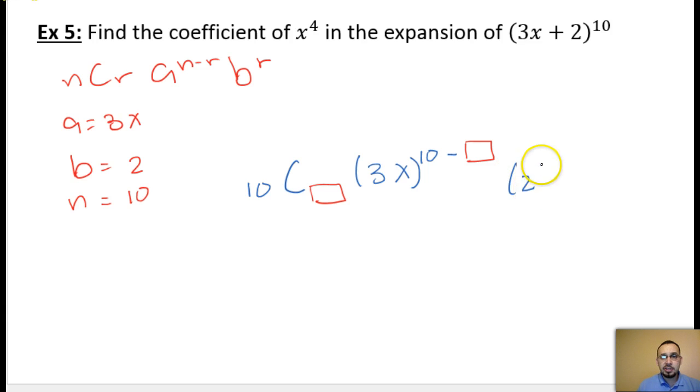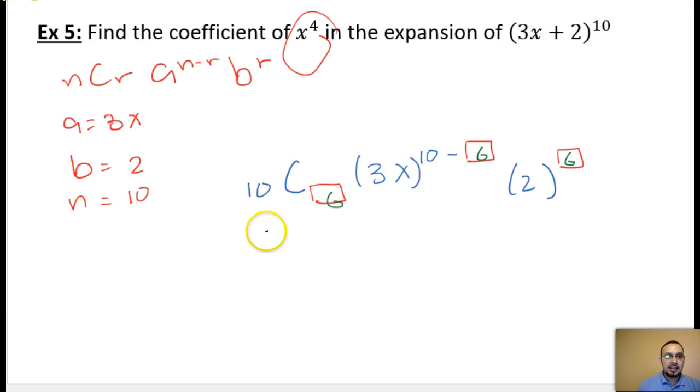And my b is going to be 2, and my r value is blank. Well, if I leave it as is, I have 3x to the 10th power. I'm looking for x to the 4th. So what do I have to subtract from 10 to get a 4? Well, I have to subtract 6. That means that r is equal to 6. This will be 6, and this will be 6.